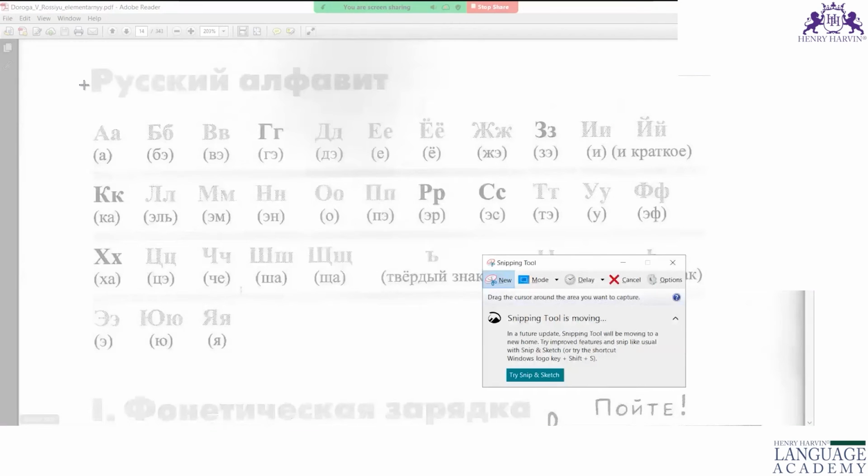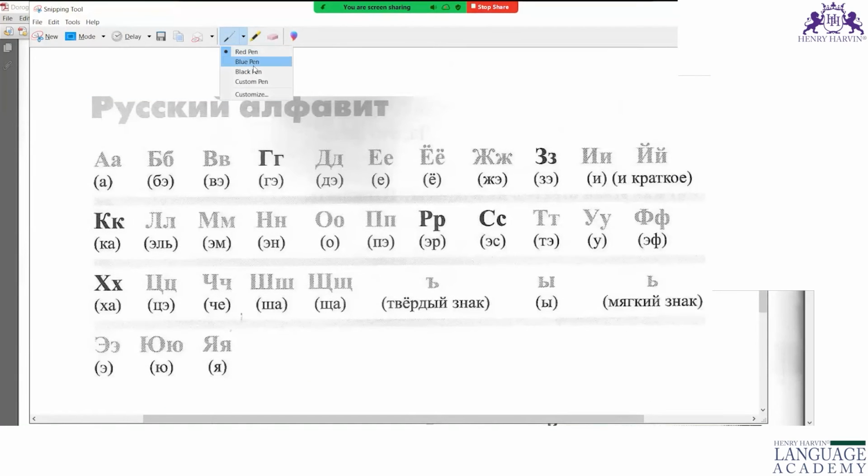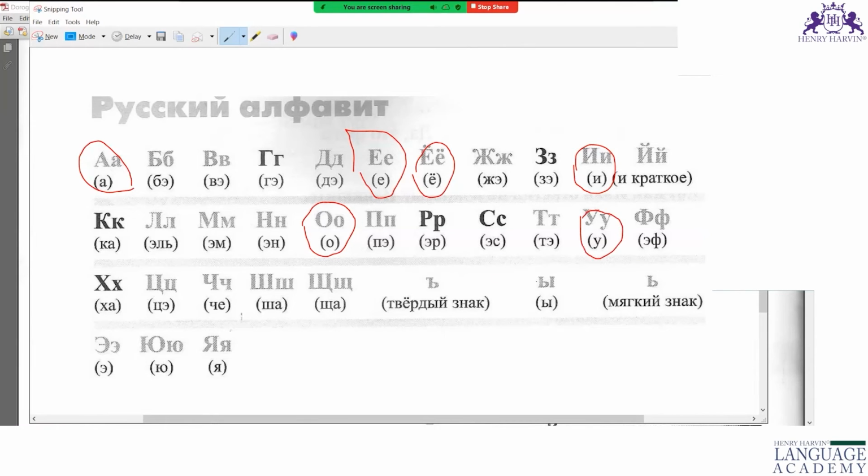To make it easier, I will select the vowels right now, okay? So the vowels are А, Е, Ё, И, О, У, Ы, Я. Okay, these are only the vowels.